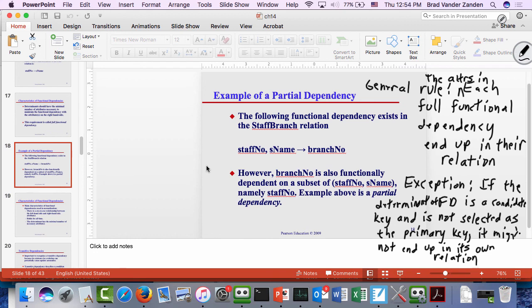So that's the one exception. But otherwise, in general, the attributes in each functional dependency will end up in their own relation.